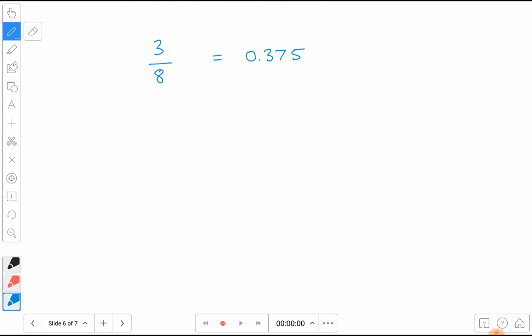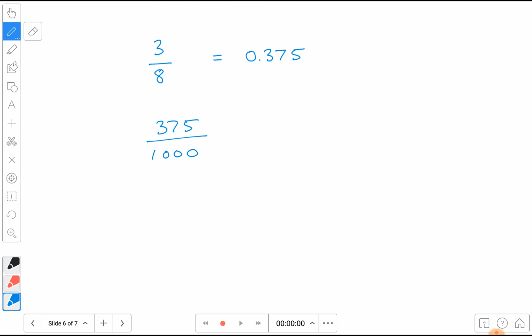0.375, we can write that out as a fraction. There's the tenths, hundredths, and thousandths. So this is actually 375 thousandths. But we're looking for the score out of 100.